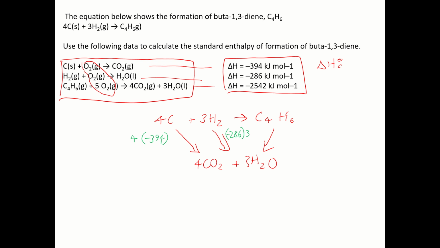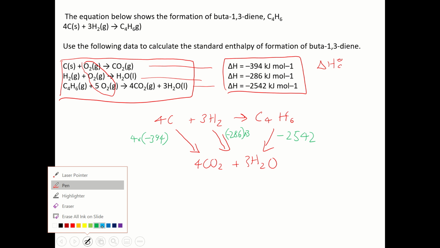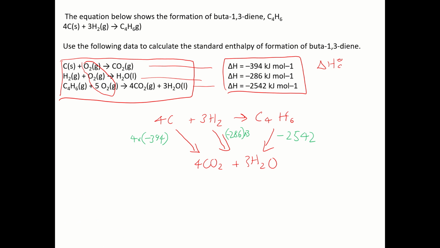So that's multiplied by 3. Let's just put multiplied as well, so it's pretty clear here. Okay, and then the but-1,3-diene has a value of minus 2,542. Now, I'm just going to change color again. I'm going to go blue this time. Okay, now here's the key step.